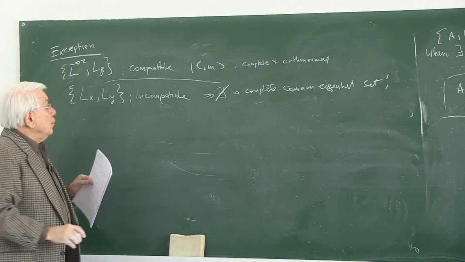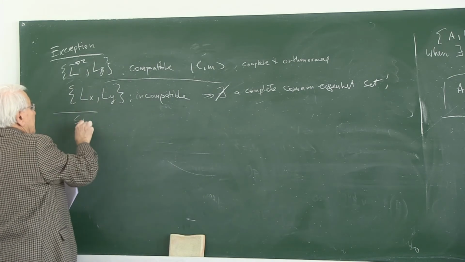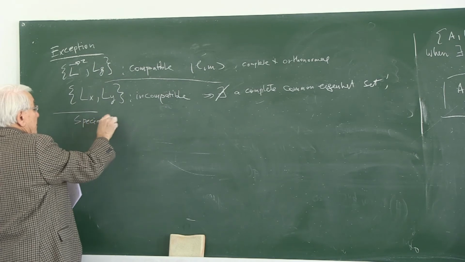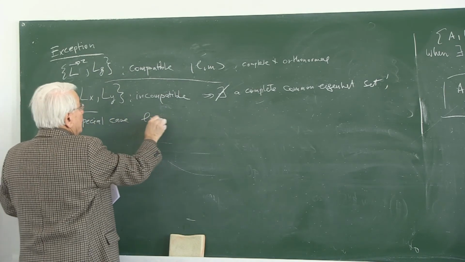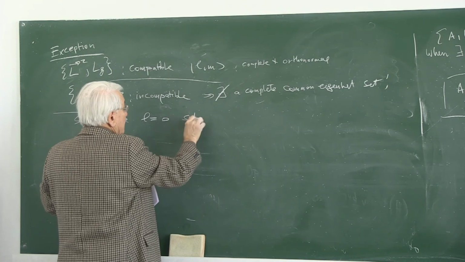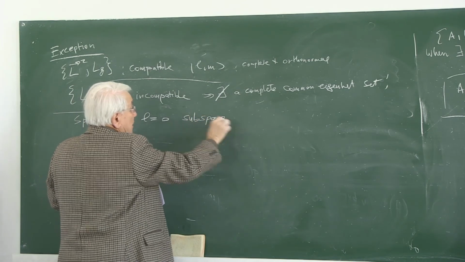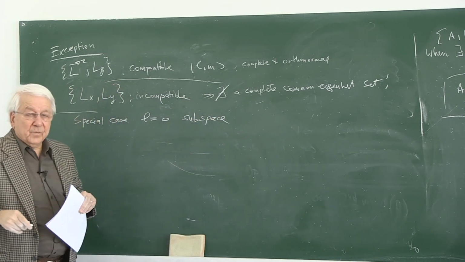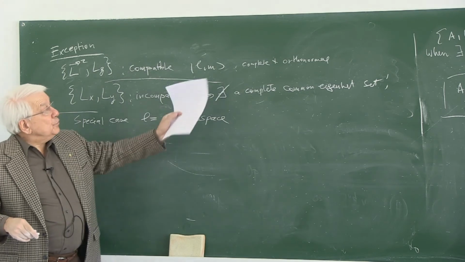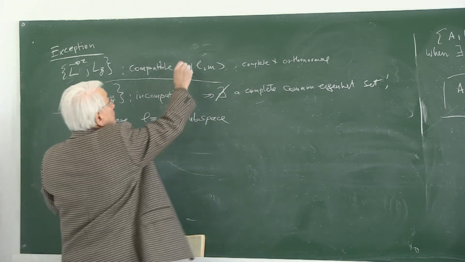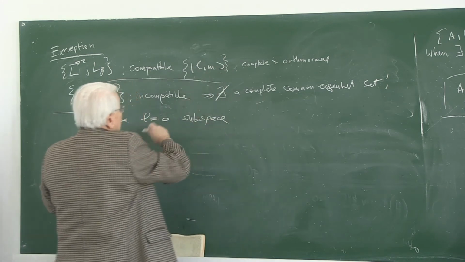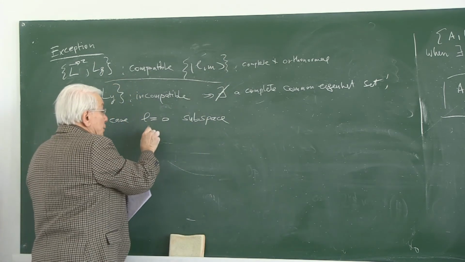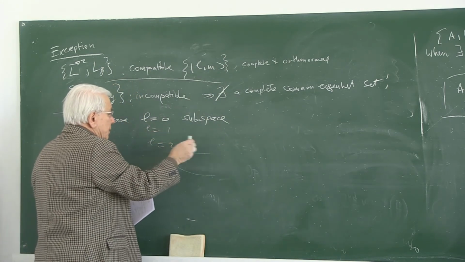However, if you consider the special case, L equals 0 subspace, the full vector space is, of course, spanned by these. And there are subspaces. There could be also L equals 1 subspace, L equals 2 subspaces there.